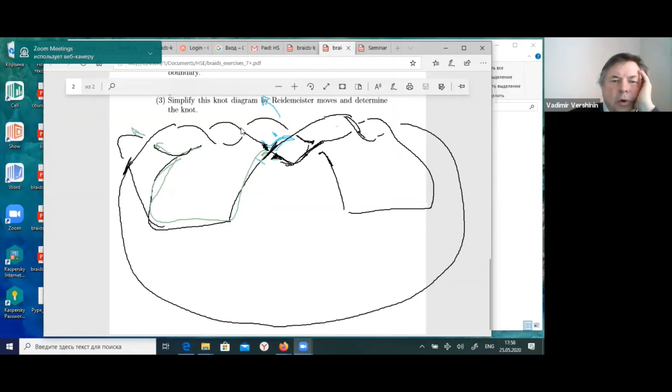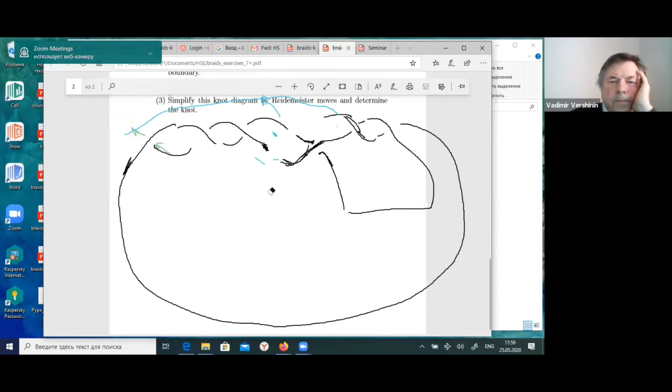We do all these third Reidemeister moves by this and by this. So like this. Can I also try to make your picture, right? And erase all this stuff, right?